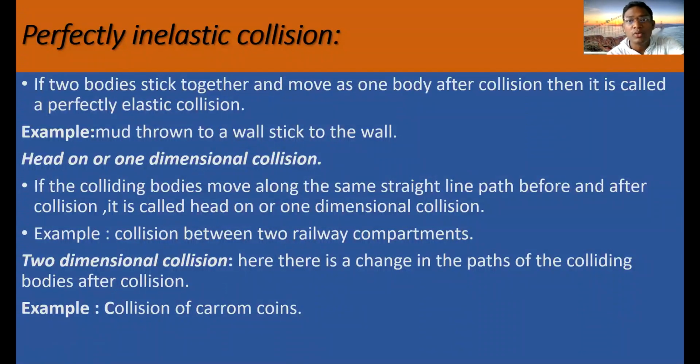Here two bodies stick together after collision and move as a single body. In head-on or one-dimensional collision, the path of the colliding bodies does not change, and in two-dimensional collision, the paths are changed. So these are different kinds of collisions and their characteristics.